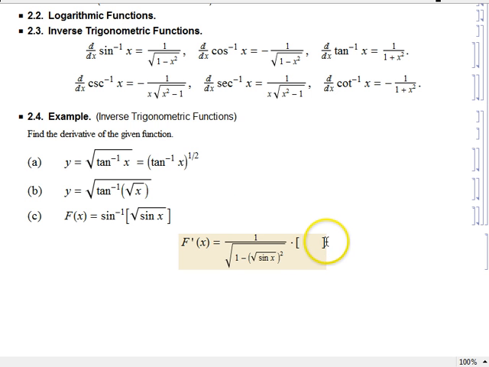Okay, let's take a deep breath and then calculate the derivative of the inside, derivative of this part, and that's going to be another chain rule problem. Outer function is 1/2 power.